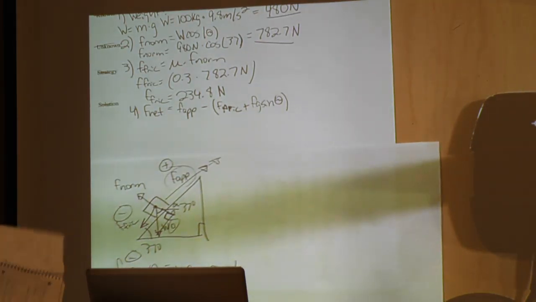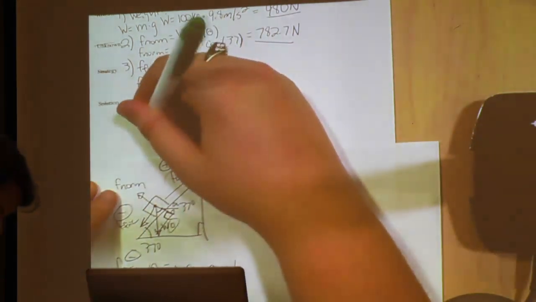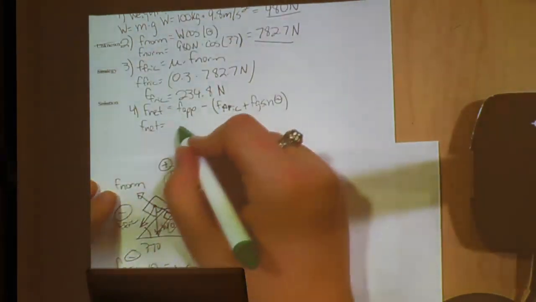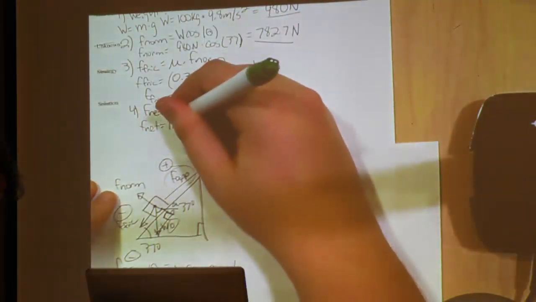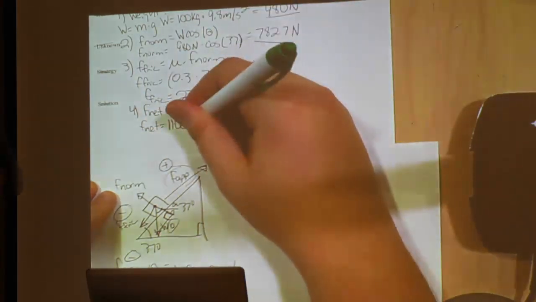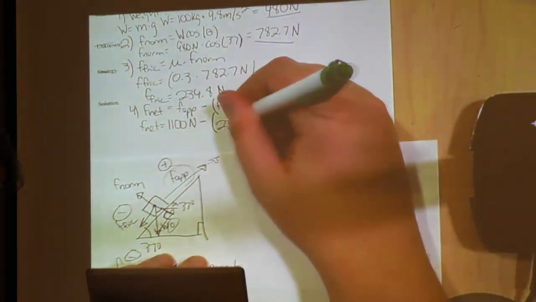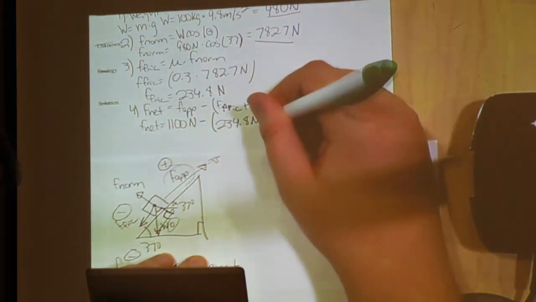And then what do we need to do next? We need to solve, right? So F net is going to be equal to the force applied, which is 1100 newtons, that was given. Then we subtract the force of friction, which we calculated to be 234.8 newtons, plus Fg sine theta.